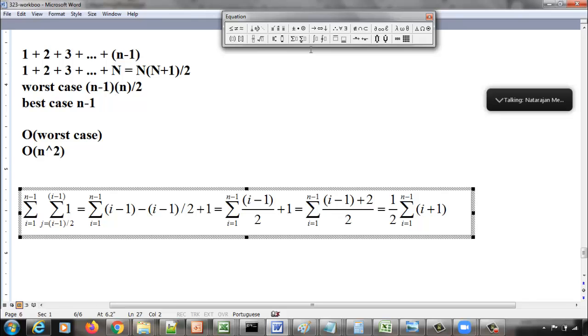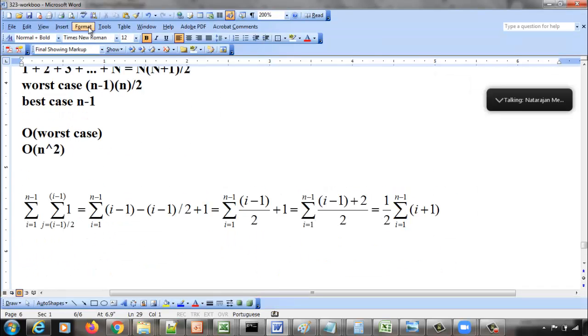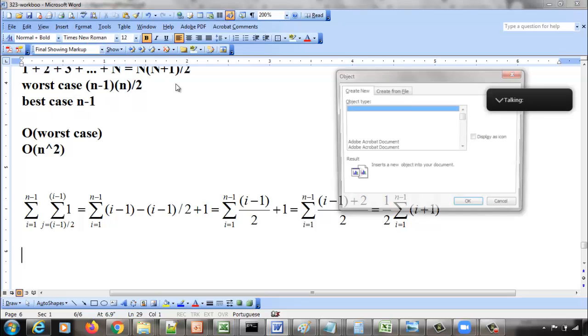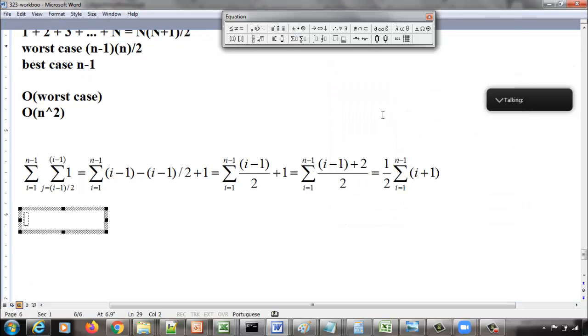Okay. Now we could expand it further, so let us do that as practice. It's going to be 1 over 2 times the summation of i plus 1, i equals 1 to n minus 1.